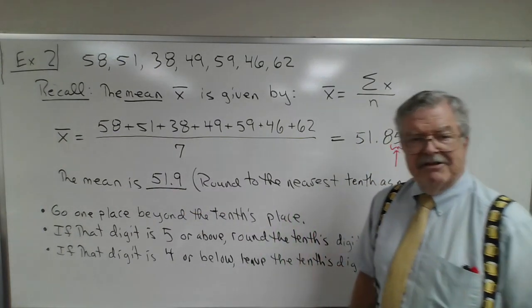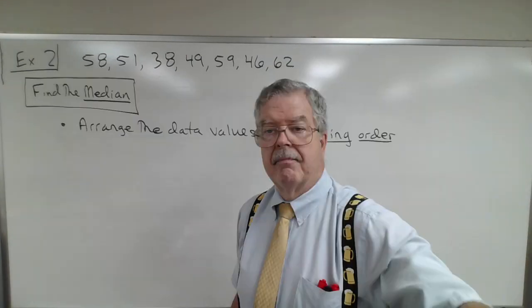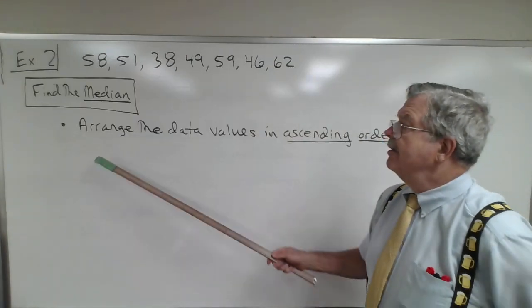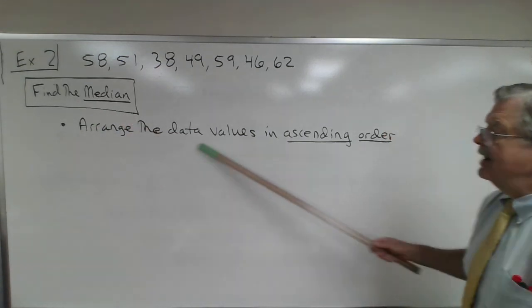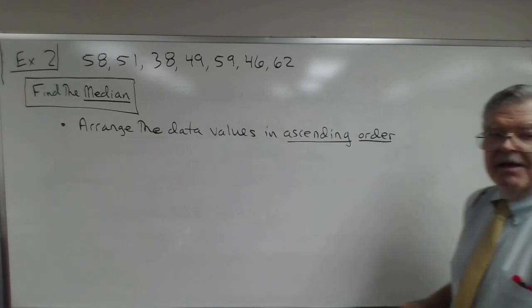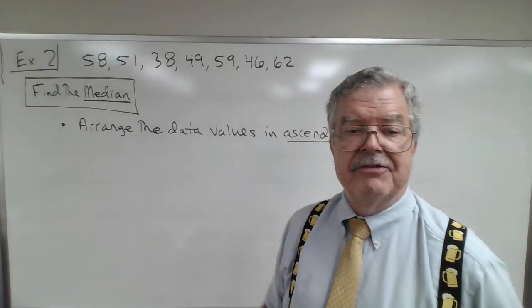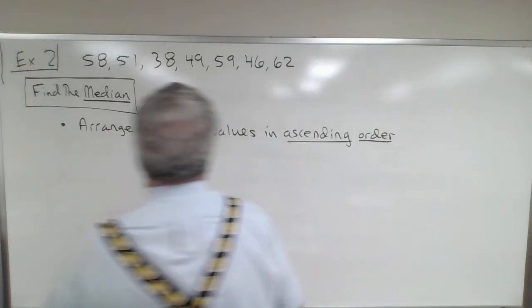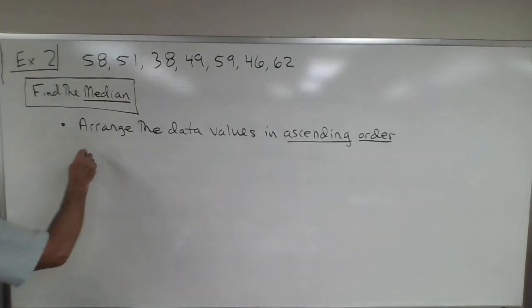Now, I think the next thing that we need to do is to find the median. First thing in finding the median, arrange the data values in ascending order. So we have to rearrange these values going from least to greatest. Oh, what's the least value? It looks like it's 38.